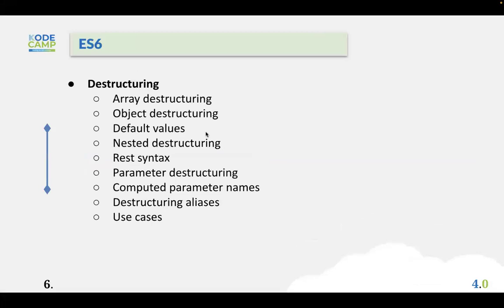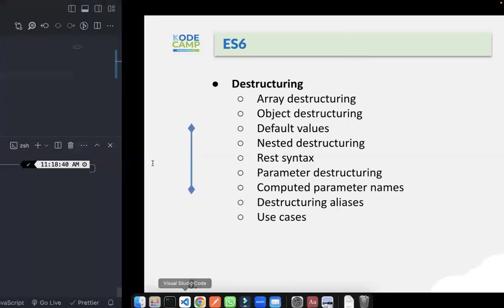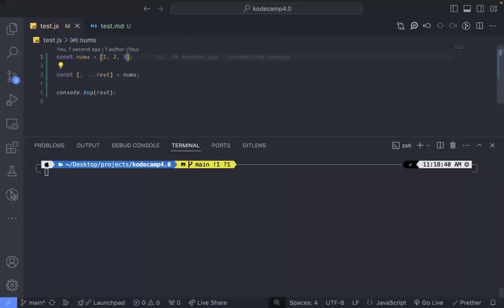On destructuring values, you can actually assign default values. Let's assume we have an array, and in this array we have only 1. In destructuring, if you destructure 2 values, you have an error.